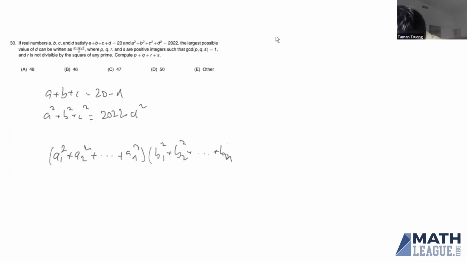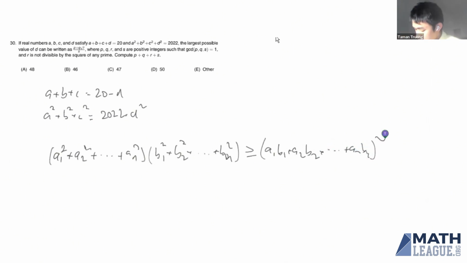We see that Cauchy-Schwarz gives us A1 squared plus A2 squared all the way to AN squared, times B1 squared plus B2 squared all the way to BN squared, is greater than or equal to A1 B1 plus A2 B2 plus all the way to AN BN, squared.